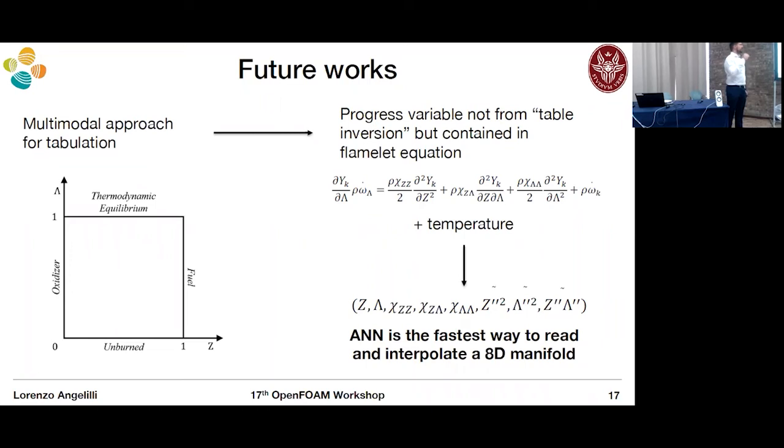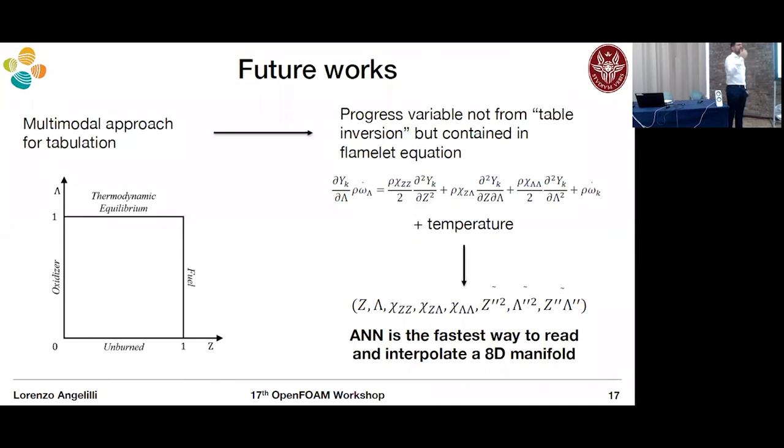But the price that we have to pay to use this model is the increase of the dimensionality of the manifold, because we have to include progress variable, mixture fraction, and all the scalar dissipation rates of the progress variable and mixture fraction, and the cross correlation. This basically will increase the accuracy at the second order, because we include the effect of the derivatives of the progress variable and mixture fraction in the model itself.